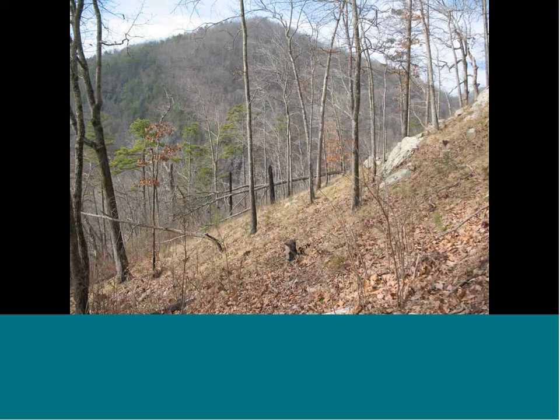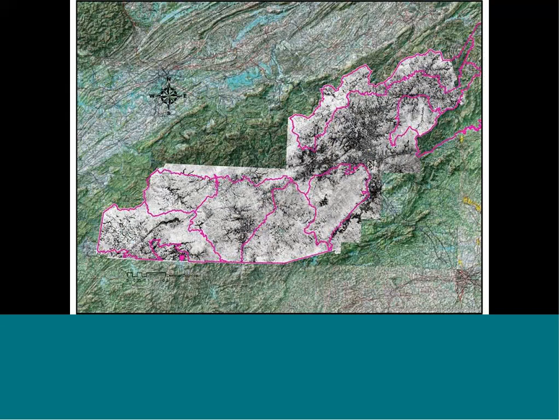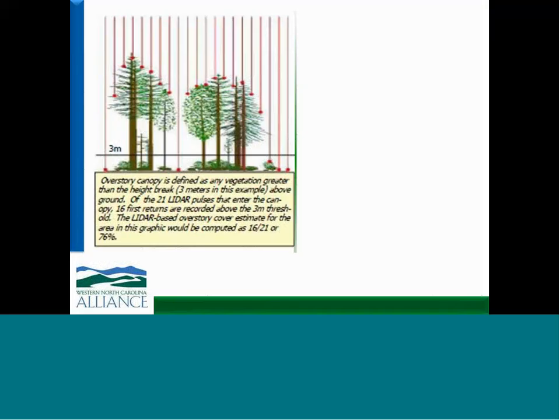Back to the canopy cover there, you said that the first return, so the radar stuff's going down and it's hitting that, and then you compare that to the ones that hit the bare ground. What if it hits, okay, look, see on the right-hand side there, where you got that little shrub? We see how that shrub is below the 3-meter height break?